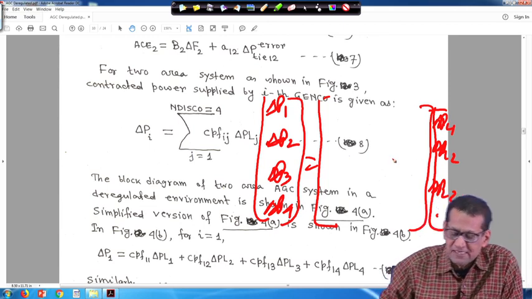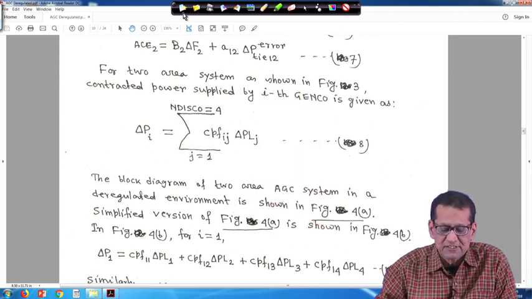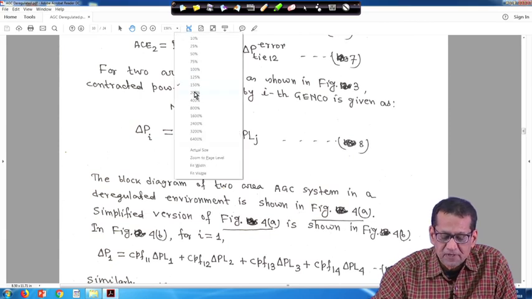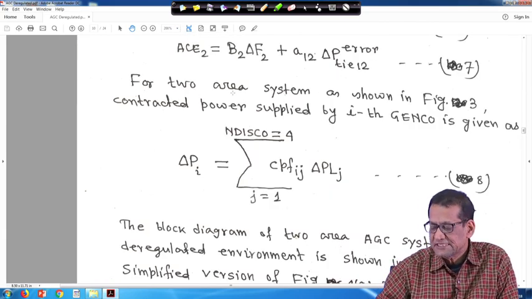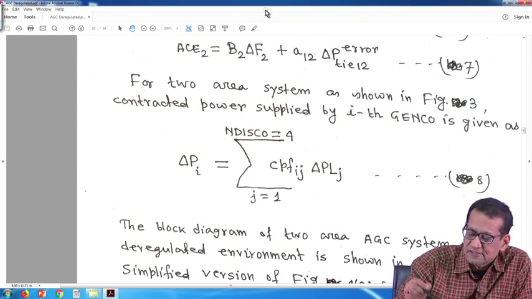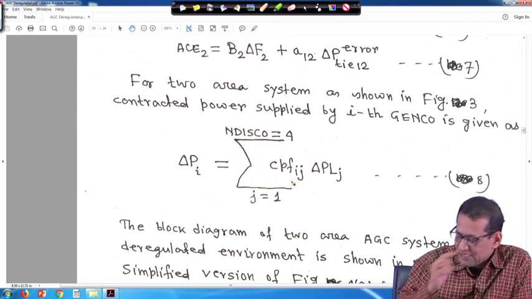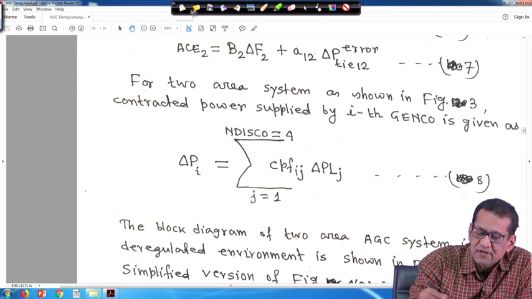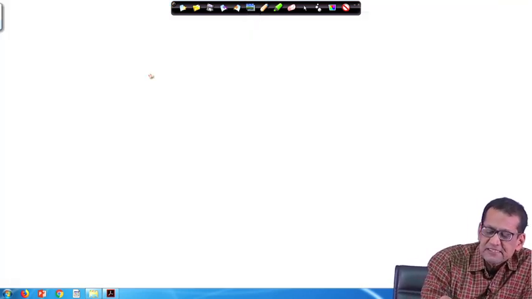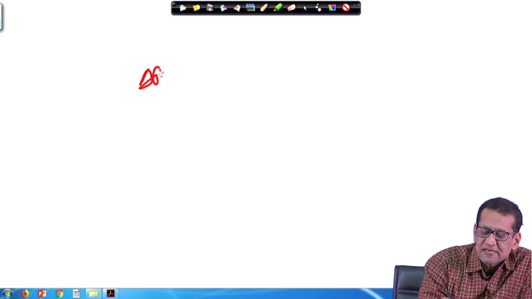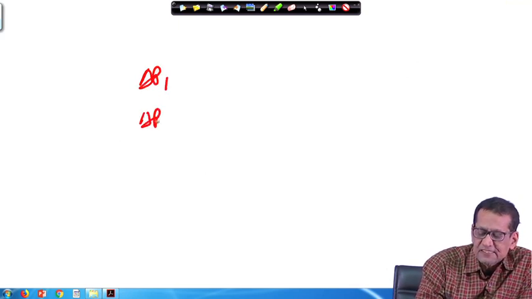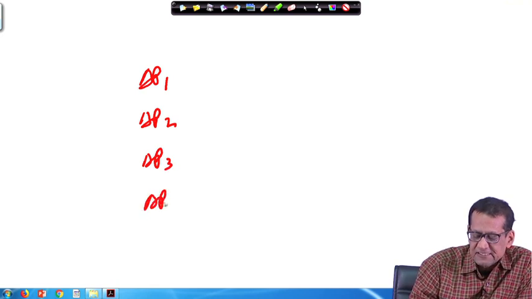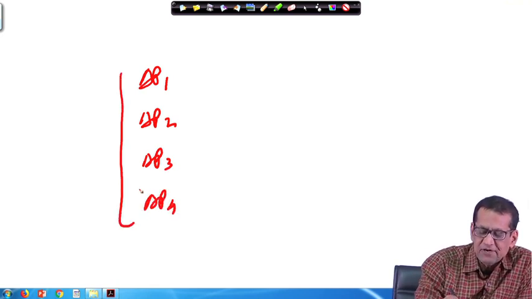Let me enlarge this one. Suppose this is delta P1, this is delta P2, this is delta P3 and this is delta P4. This is the contracted power demand.